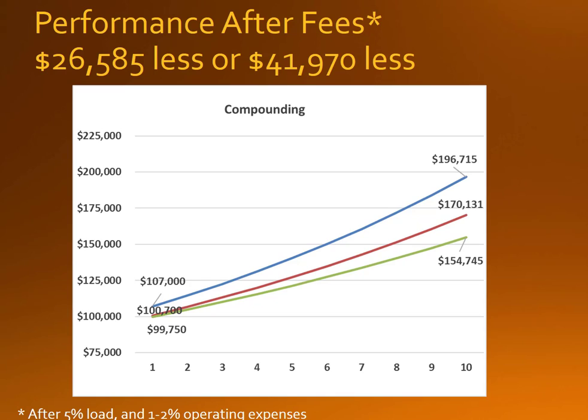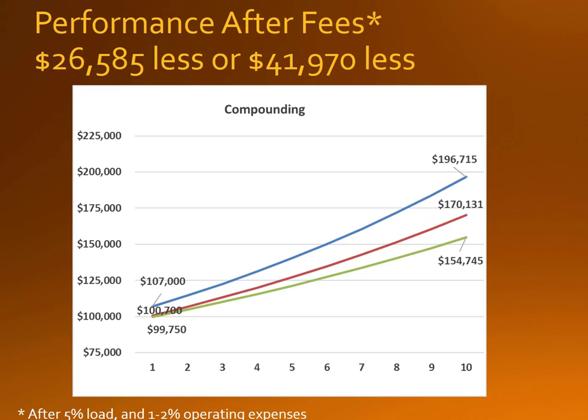All of this adds up over time. If you start year 0 with $100,000, at the end of 10 years with a 7% compound return, you pretty much have doubled your money to $197,000.